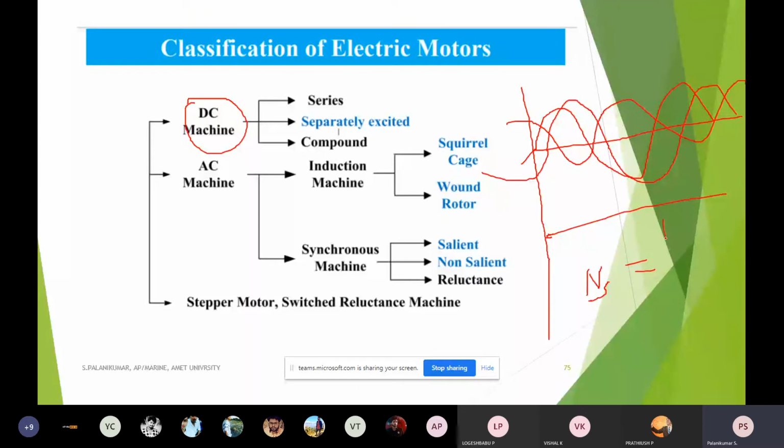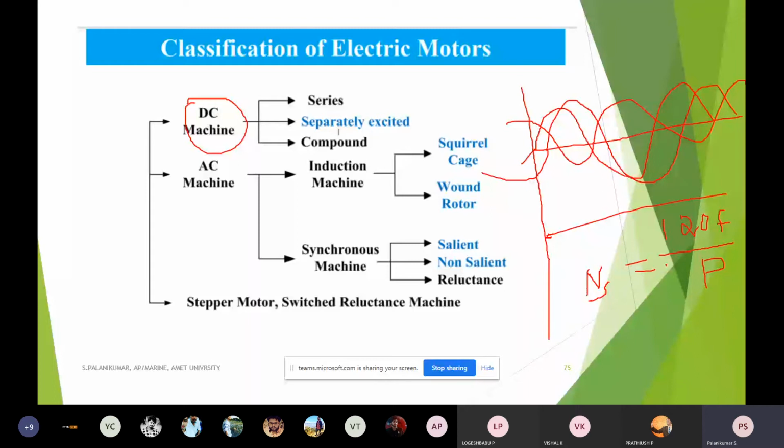Here f is the frequency of the supply and P is the number of poles. If I assume the number of poles is constant, then as the frequency varies, the speed of the rotating magnetic field will vary accordingly. But because of the induced EMF, the rotor opposes the cause and starts rotating in the same direction as the rotating magnetic field.